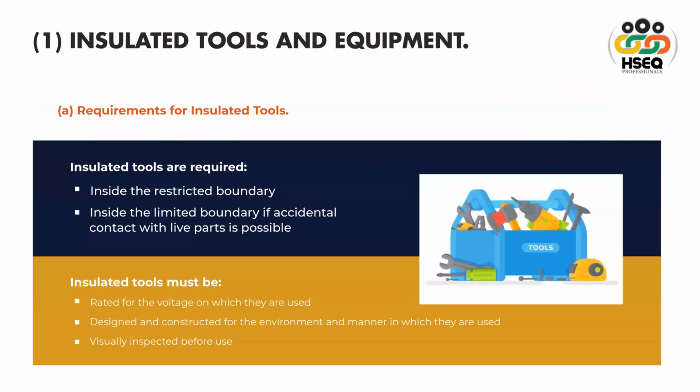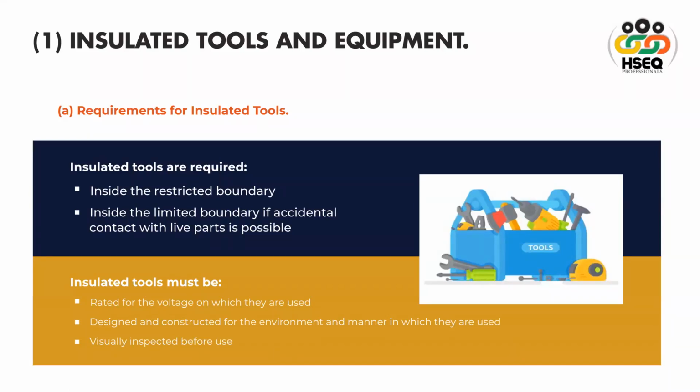130.7D talks about other types of protective equipment, such as insulated tools which need to be tested. First, where they will be used inside the restricted approach boundary, they must be rated for the voltage on which they are used, designed and constructed for the environment and manner in which they are used, and visually inspected before each and every use.